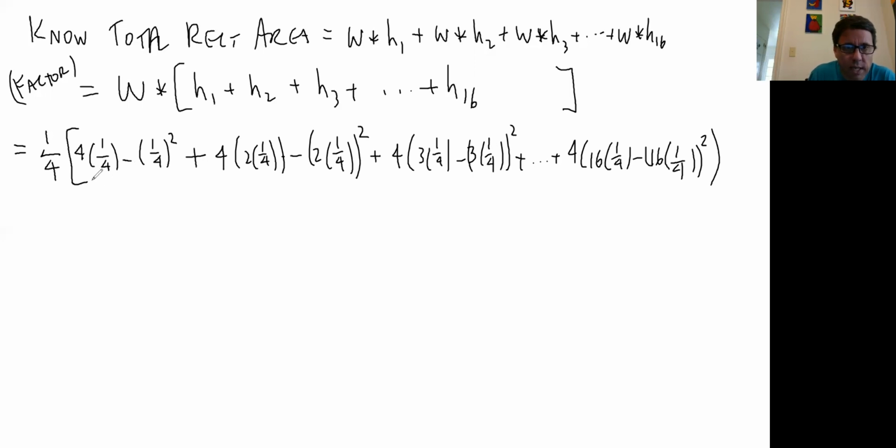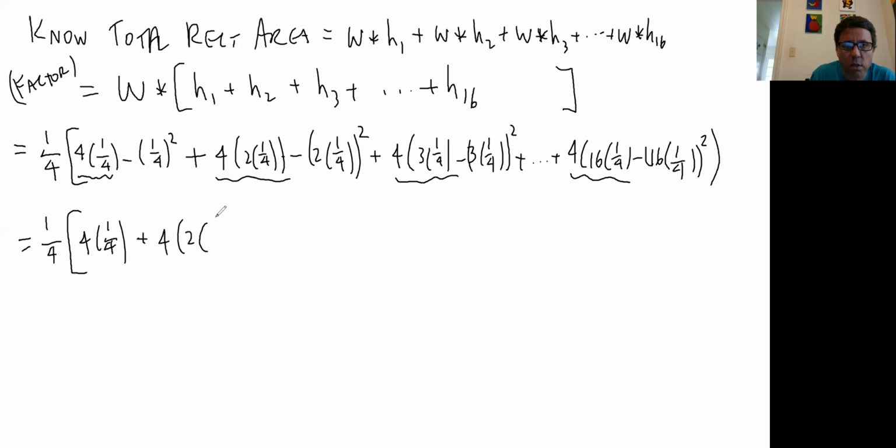So the idea is going to be taking the things that don't have the square on them and putting them all together. So just reordering. So I'll have 4 copies of a quarter plus 4 copies of twice a quarter, so that's that one, plus 4 times 3 copies of a quarter.